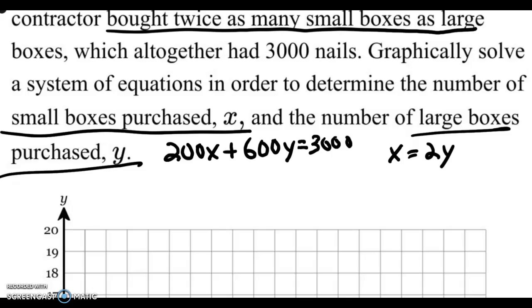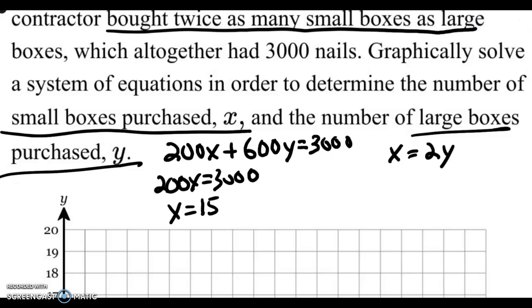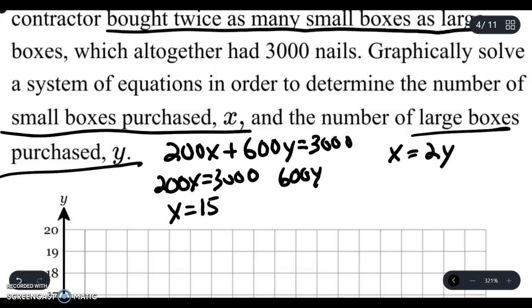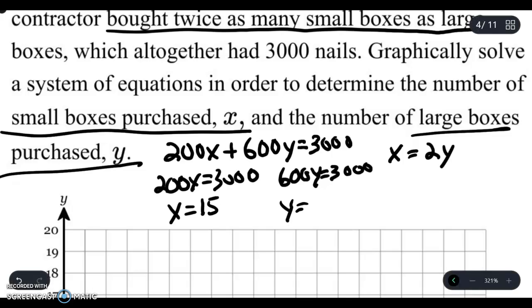We plug in 0 for y, and what do we get for x? Well, you have 200x equal to 3,000. And that means x will equal 15 when you divide by 200. And then if you have 600y equal to 3,000, when you divide by 600 here, y is equal to 5.